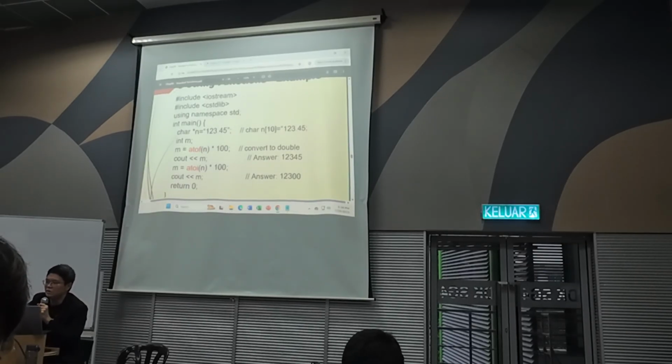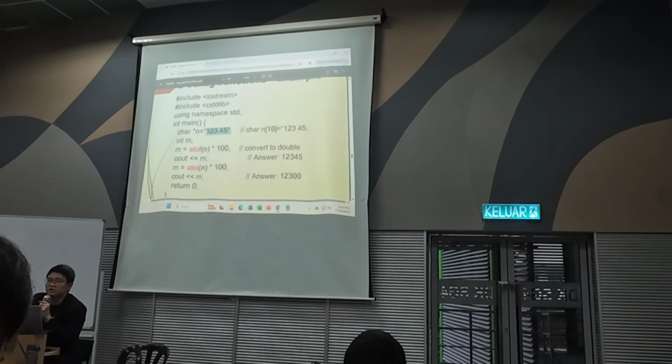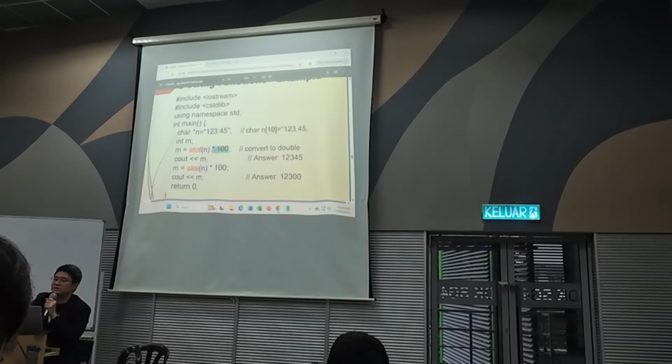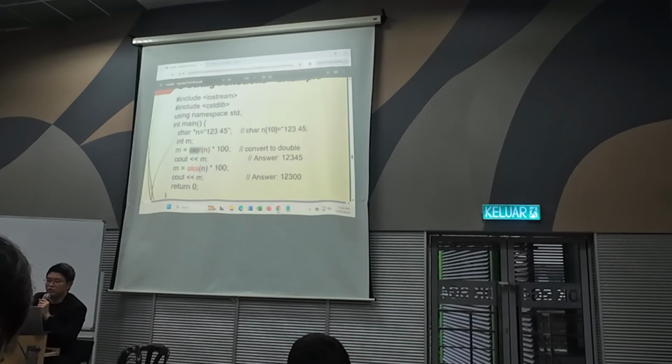So 123.45 is actually a text. If you want to do a mathematical operation, let's say you want this number times 100, but this is text, so you have to convert. So I use this ASCII to float function, and then I put in my n.